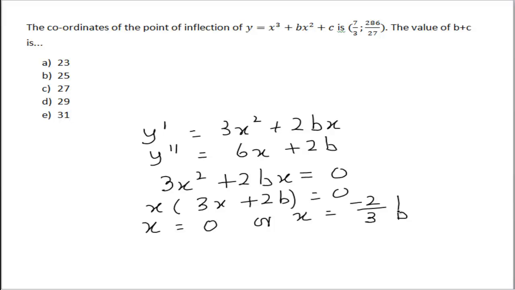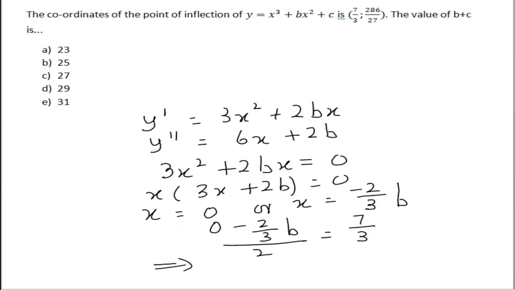So if we add those two, it'll be 0, all divided by 2 will give us the 7 over 3, and that would mean if I had to multiply it out, we'll have minus 2 over 3 b is equal to, cross multiplying, 14 over 3.